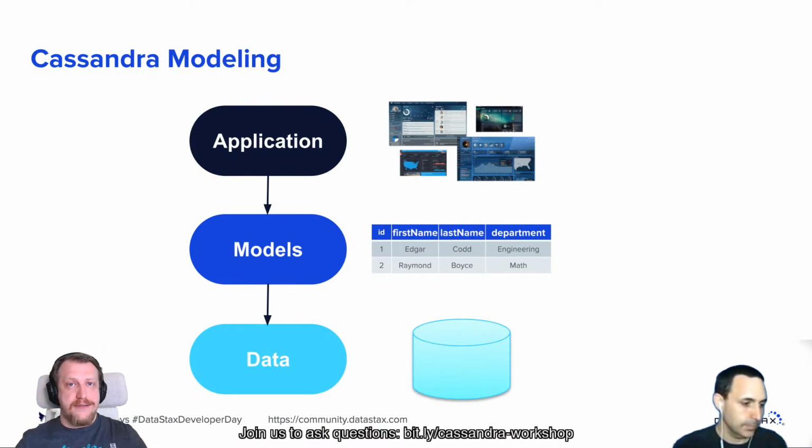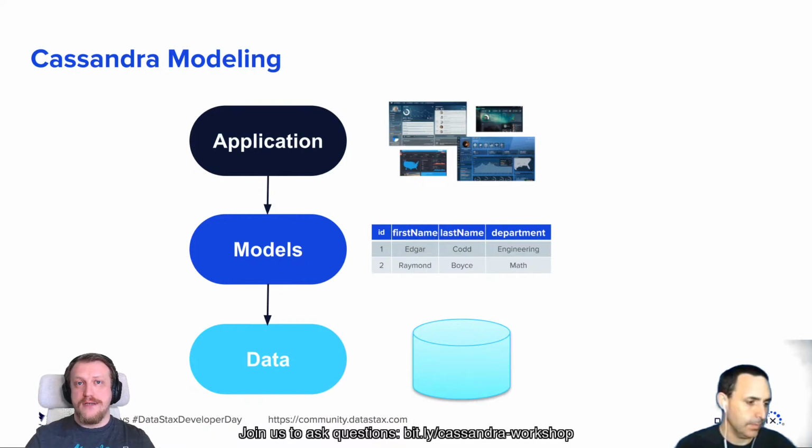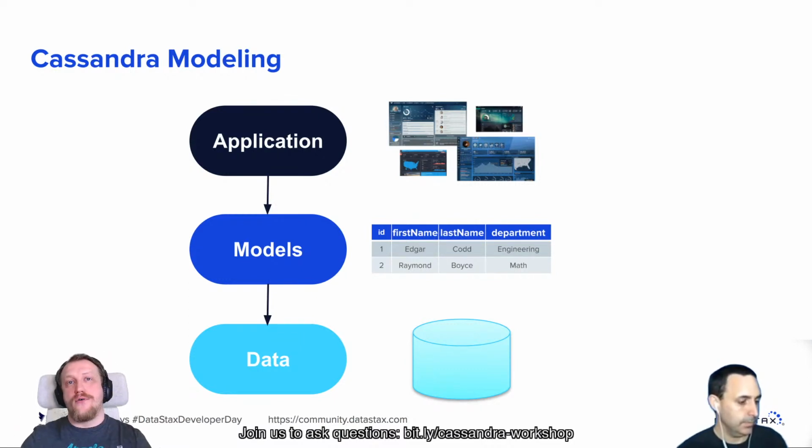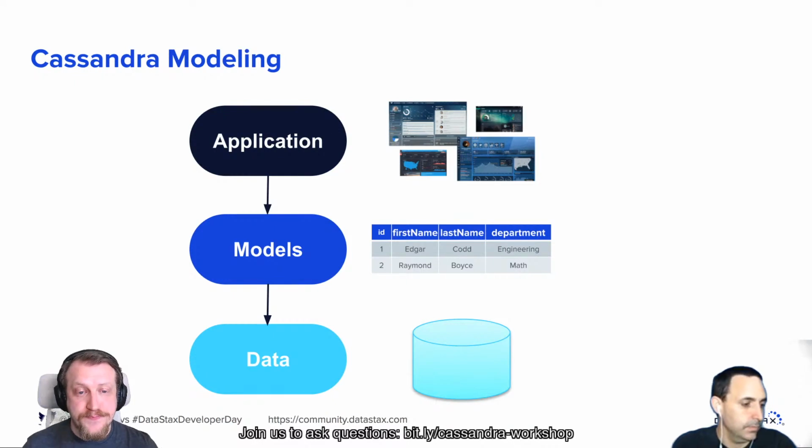Then based on that, I create models. It may look strange, but I will explain it in a minute. And based on those models, I organize my data. So people first, not the hardware or software, but humans first, and humans' behavior first.